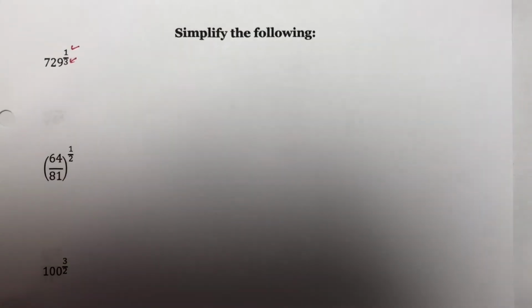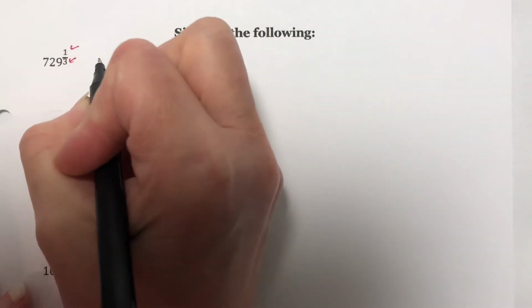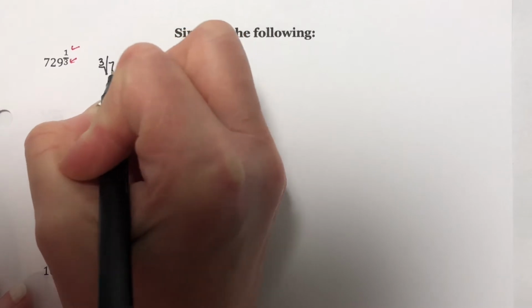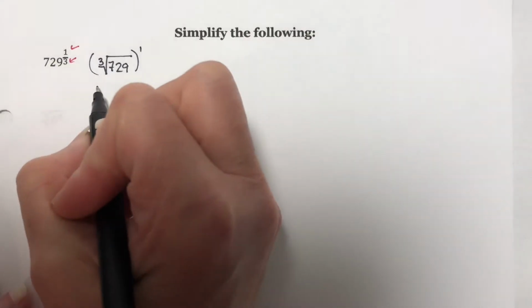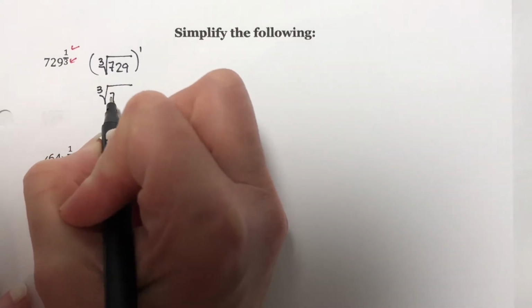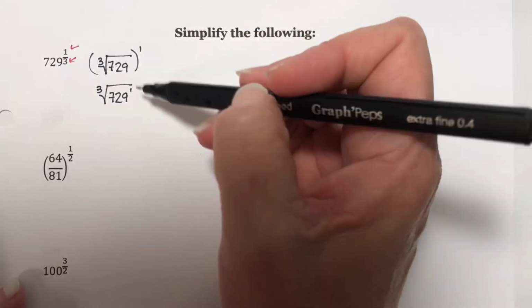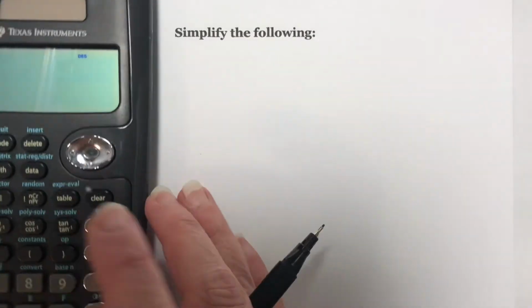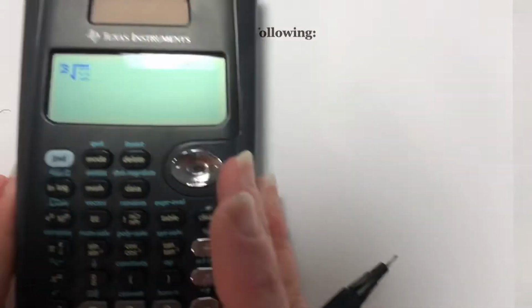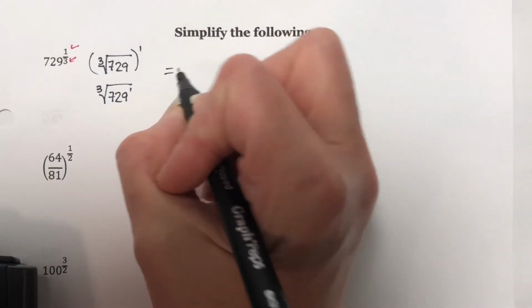So if I take the cube root of 729 and then raise this to the first power, or I could think of it as the cube root of 729 to the first power, I'll get the same answer no matter what, obviously because it's to the first power, but even if it's not the first power. You can use your calculator if you don't know that. The cube root of 729 is 9. So this is equivalent to 9.